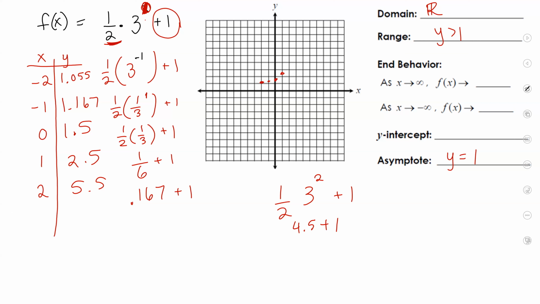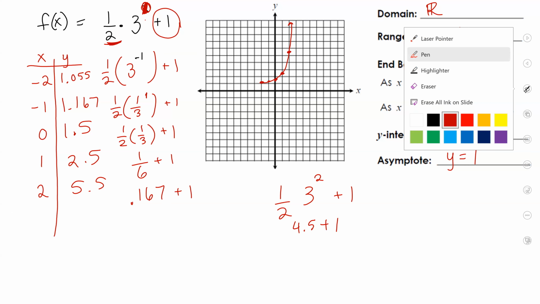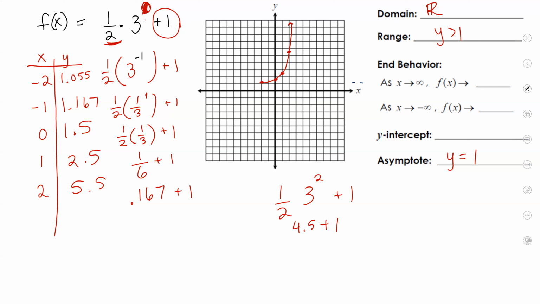Okay, so it's growing. There we go. And just like my equation has a +1 here, everyone draw that asymptote. Your asymptote is at 1. And so notice our point gets really close to 1, but doesn't touch it. It's at 1.05. And if you continue plugging in more negative numbers, you'll get closer and closer to 1.